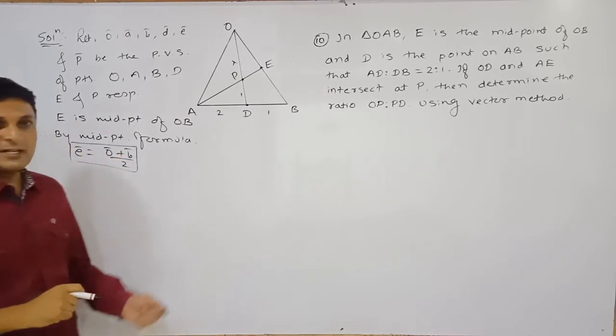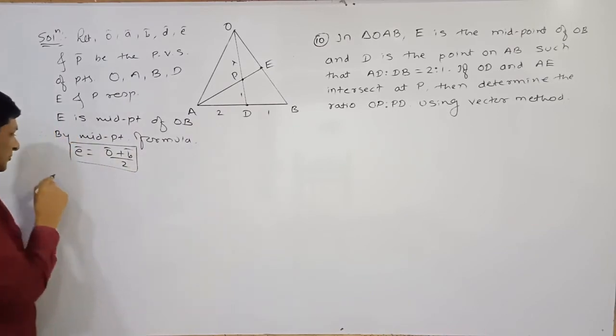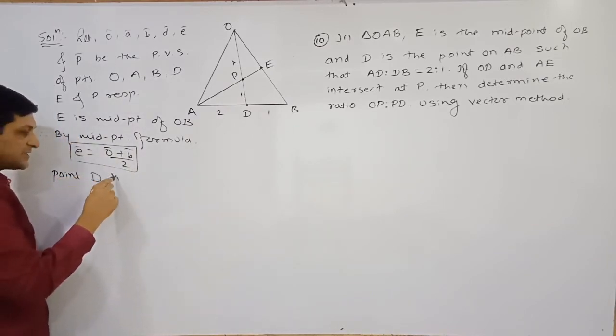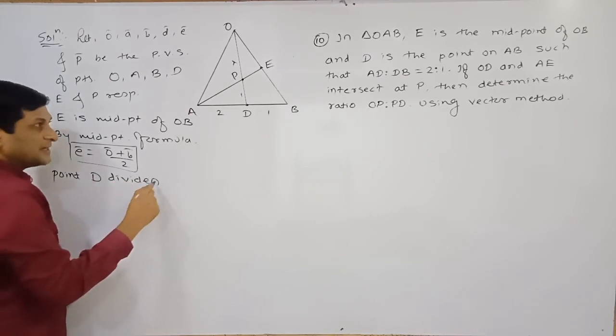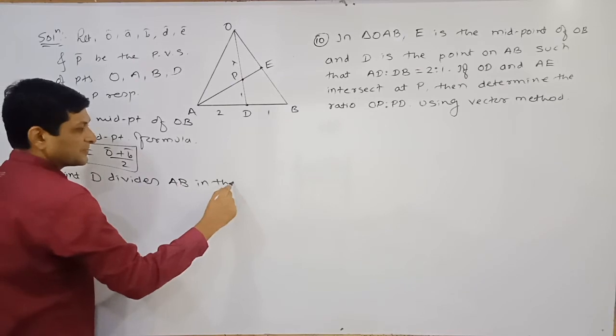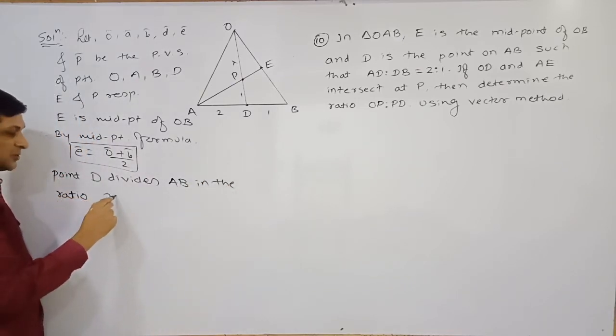Now the second given condition: D divides AB in which ratio? 2:1. So point D divides AB in the ratio 2:1.